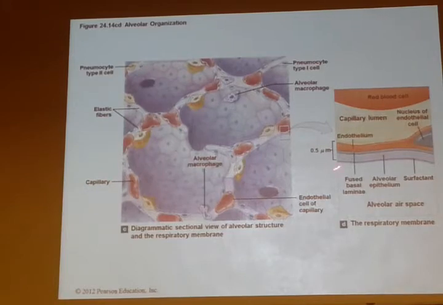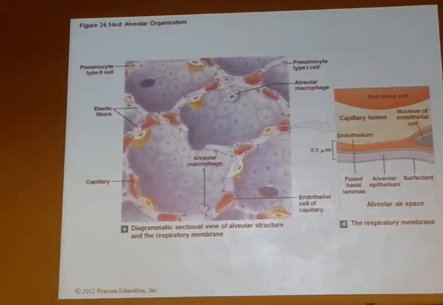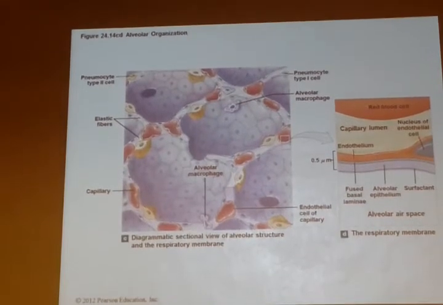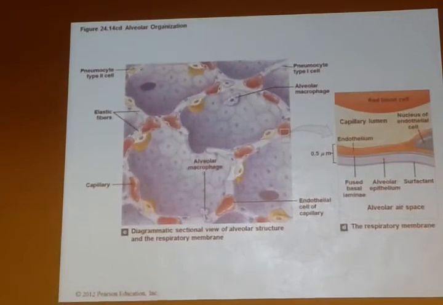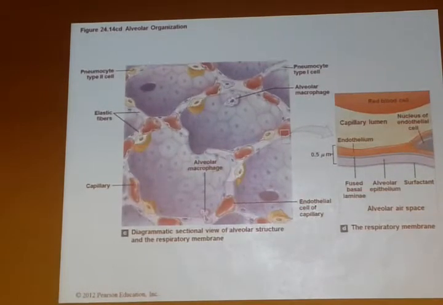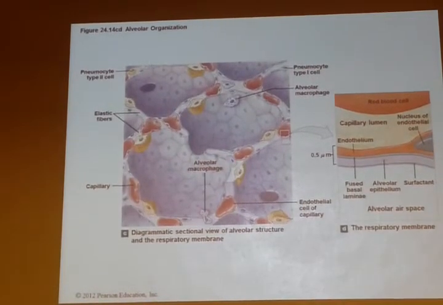So it comes out to be about half a micrometer. Remember that there is that layer of surfactant too, which is increasing that slightly above 0.5 micrometers. But that is a barrier, so if I ask you a question about what makes up the diffusion barrier, you better remember surfactant, otherwise your answer is wrong. Okay? So surfactant is part of the diffusion barrier.